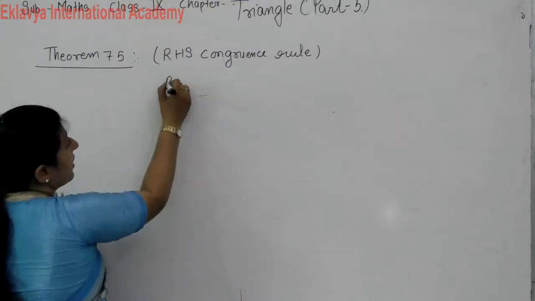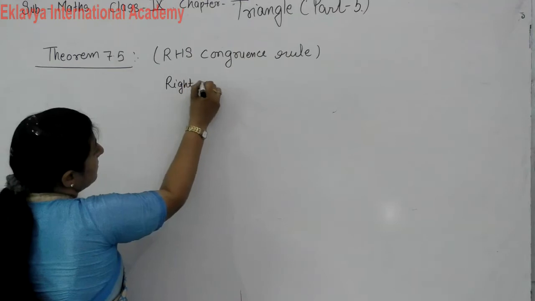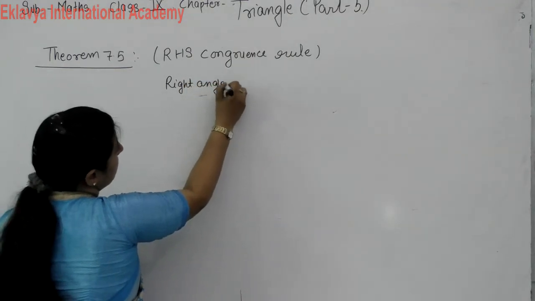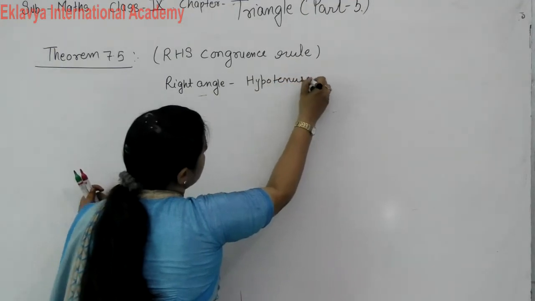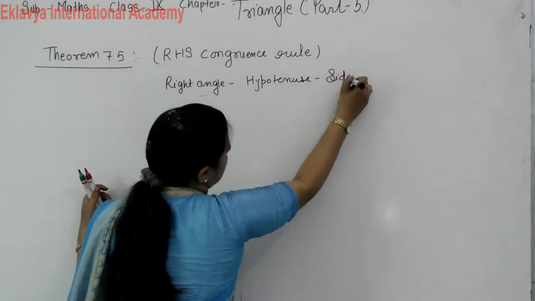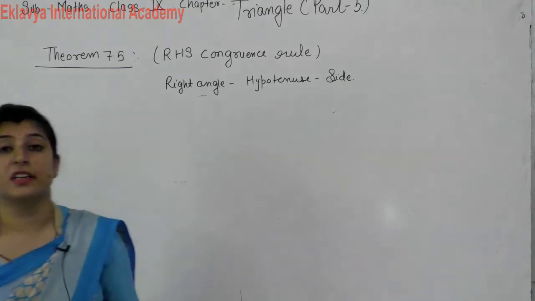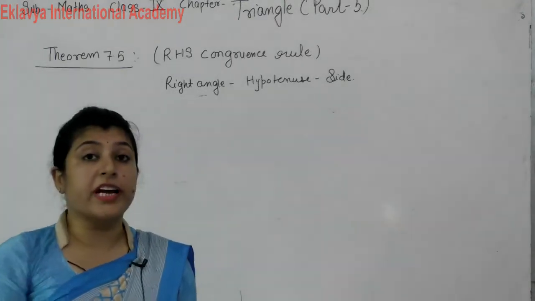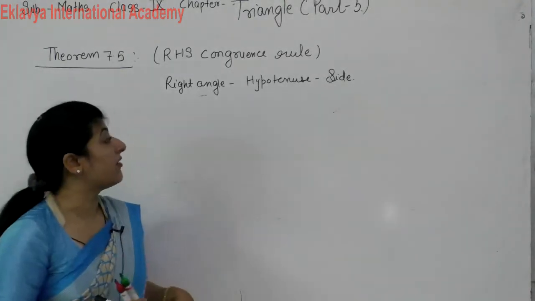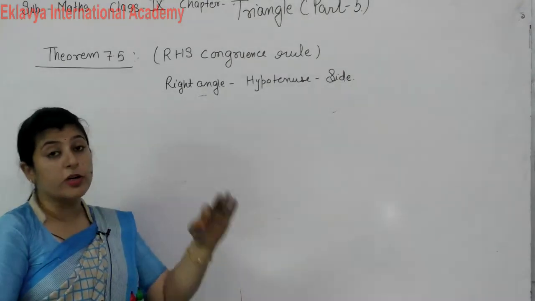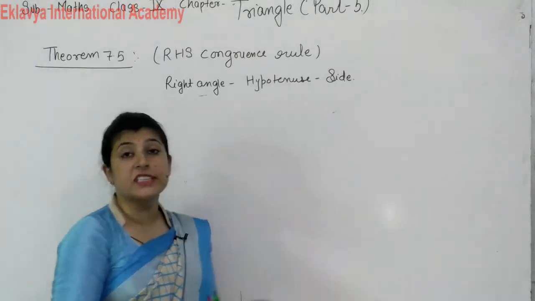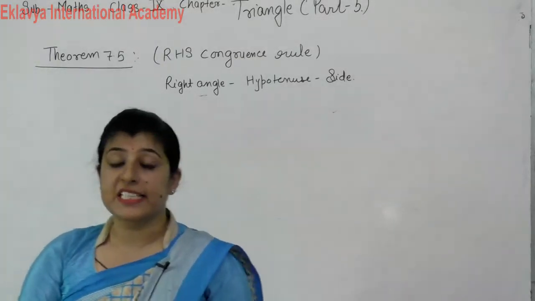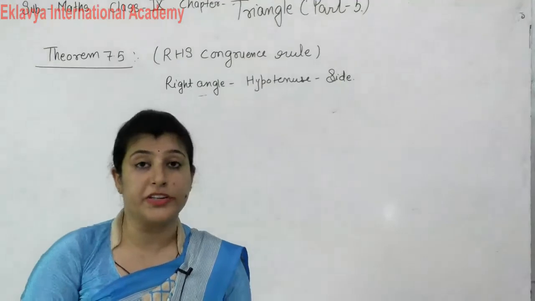It stands for right angle, hypotenuse, side. It means if two triangles are both right angle triangles, their hypotenuses are equal and any one of the sides is equal, then we can say these two triangles are congruent.